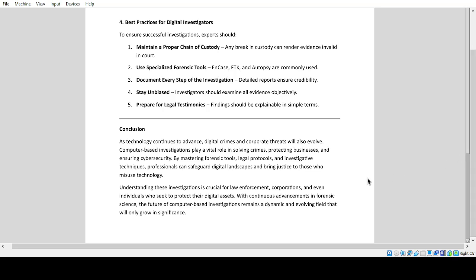Understanding these investigations is crucial for law enforcement, corporations, and even individuals who seek to protect their digital assets. With continuous advancements in forensic science, the future of computer-based investigations remains a dynamic and evolving field that will only grow in significance.